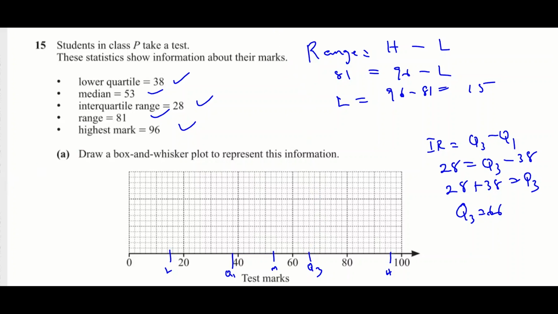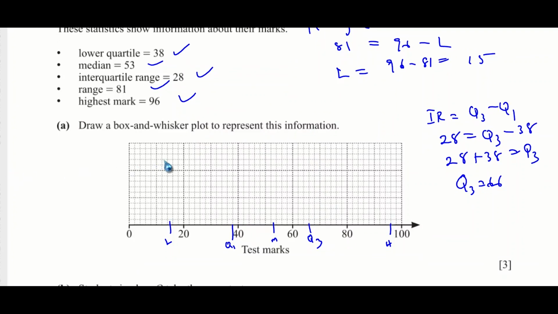So I can now draw, as I have the necessary things here. Let's start with this. The lower quartile is here. I can take the width of my choice. I think I'm okay with this.